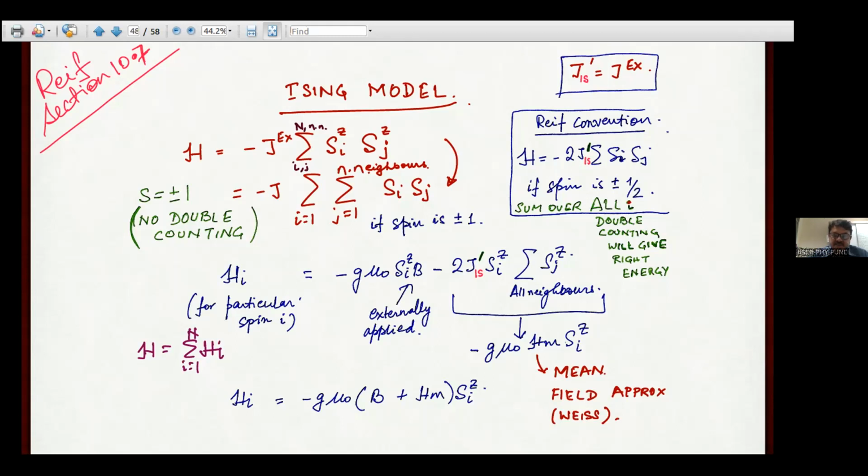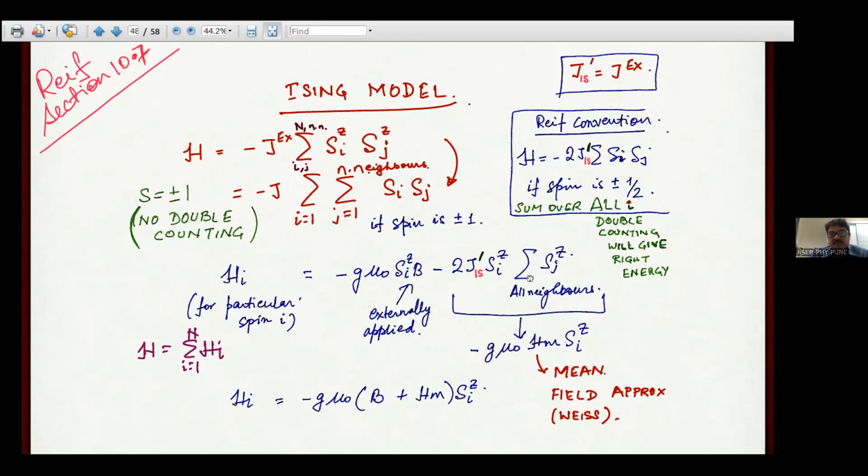So the drastic simplification is this: each magnetic moment at each lattice site, because of this coupling, is seeing a different number of magnetic neighbors.